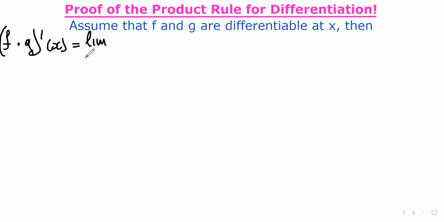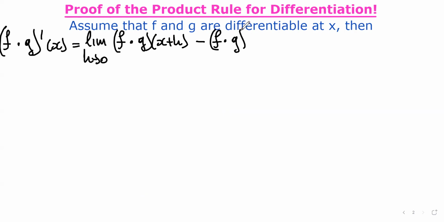So we say, well, according to derivatives from first principles, we have the limit as h approaches 0 of f times g of x plus h, minus f times g of x.